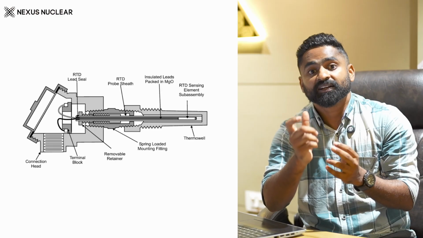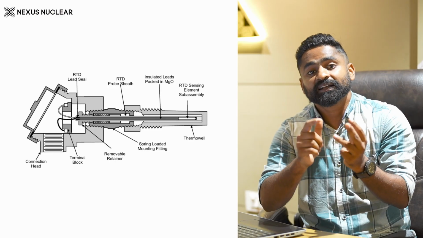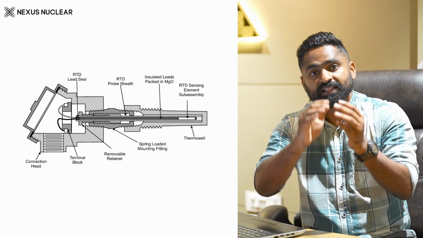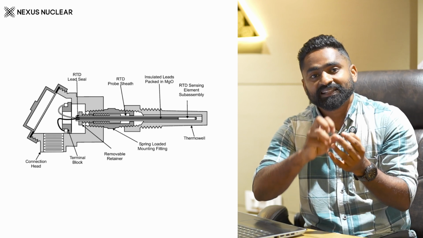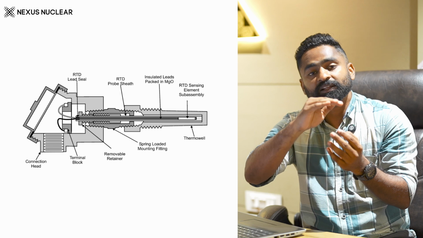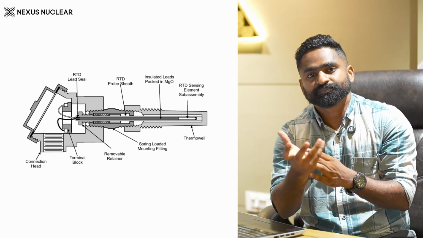Now we can look into another major part of this RCP, that is the instrumentation. On the motor side, there are 9 RTDs. What is an RTD? That is a resistance temperature detector. This device is a passive device; it provides a resistance value proportional to the temperature.